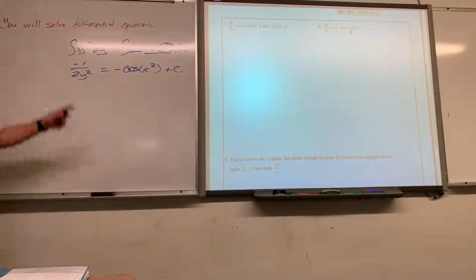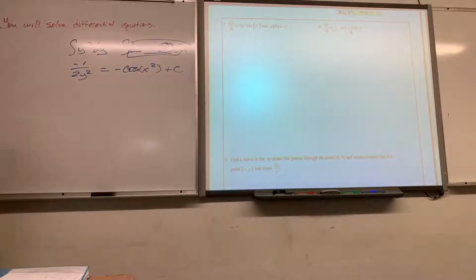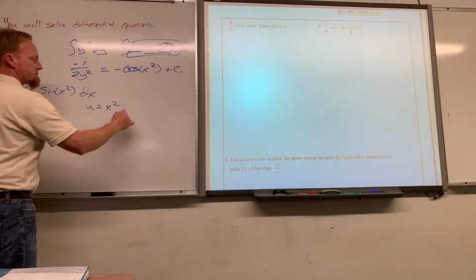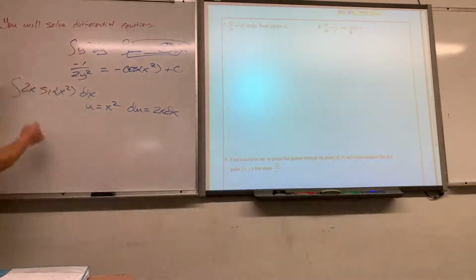There it is. Now, does anybody need me to integrate this step by step? Yes. Good. Alright, so we're going to do u equals x squared, which means du equals 2x dx. I've got my match here.